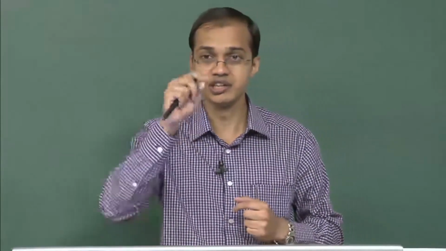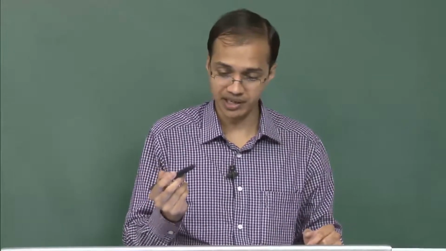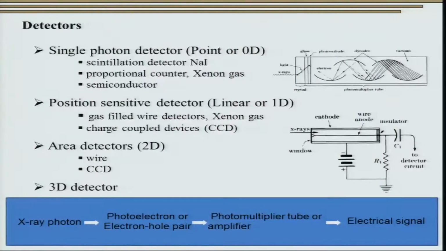Once the X-ray beam passes through all these optics, it then encounters the detector, which essentially reads the intensity of the X-rays and the angular dependence. So, detectors can be classified depending on dimensions as 0D, 1D and 2D.